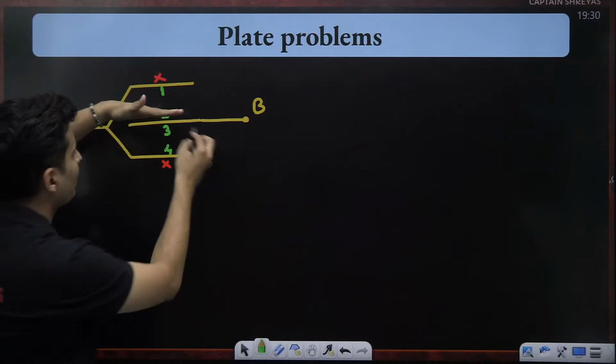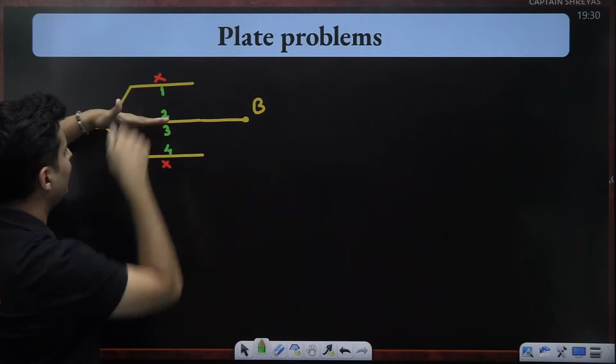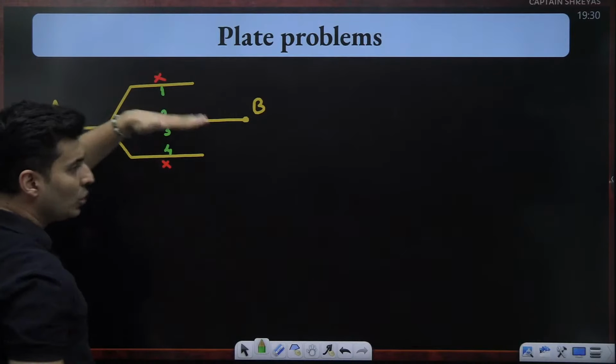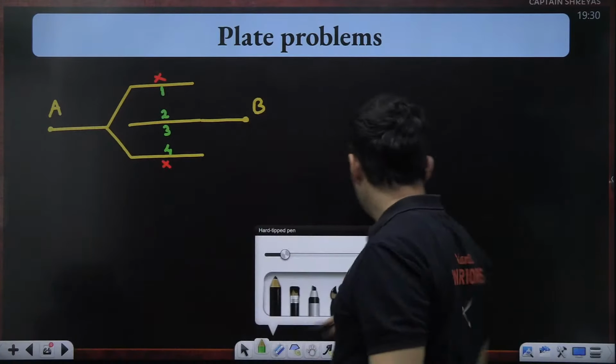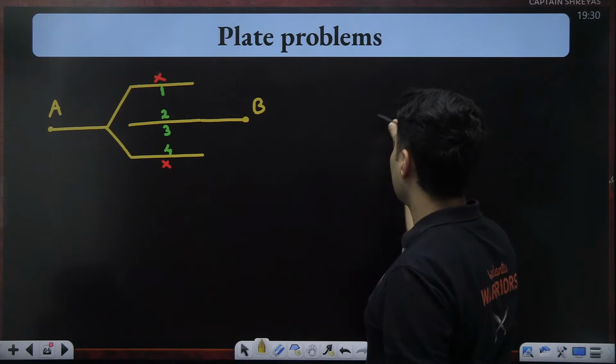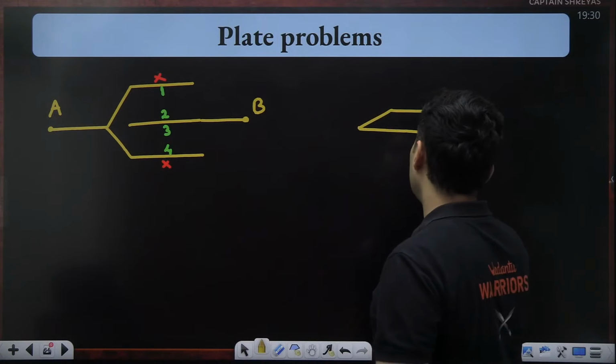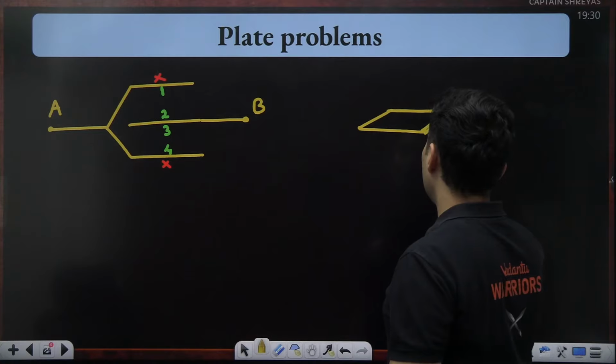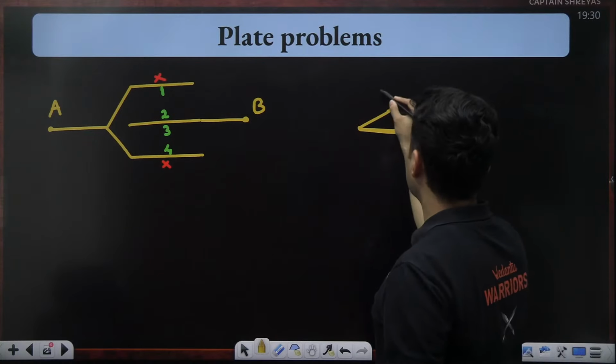Remember, this plate over here is from the side view. It has two sides, 2 and 3. Each of them are basically like plates. Think of it like this. Some of you might have some difficulty in visualizing. So these are basically plate problems, something like this.